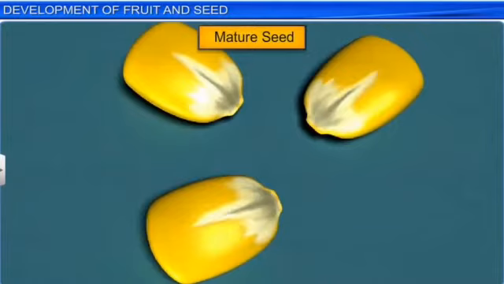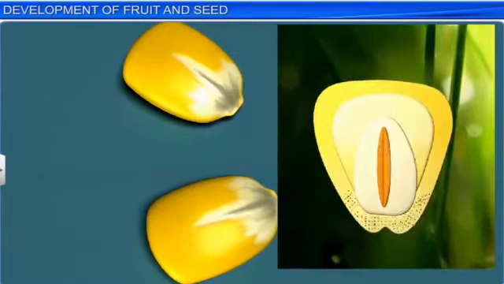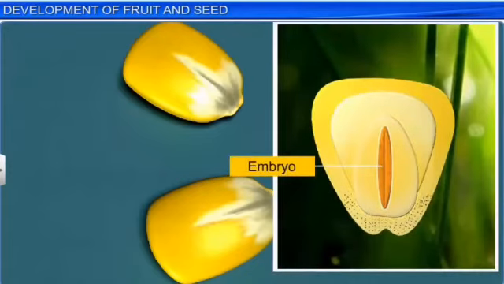And if you observe the longitudinal section of it, the inner contents show a lot of endosperm content, with the embryo lying in the longitudinal axis. Furthermore, if it is grown in a proper way, then the development of the plant ultimately takes place.